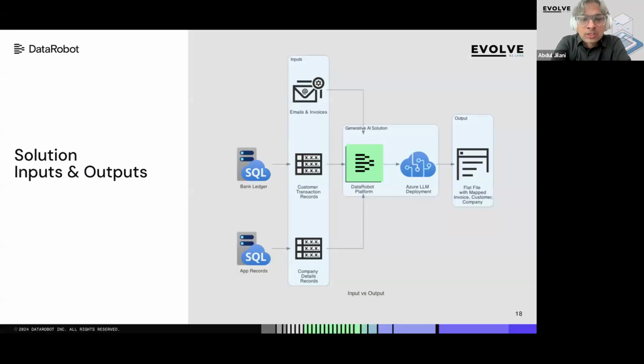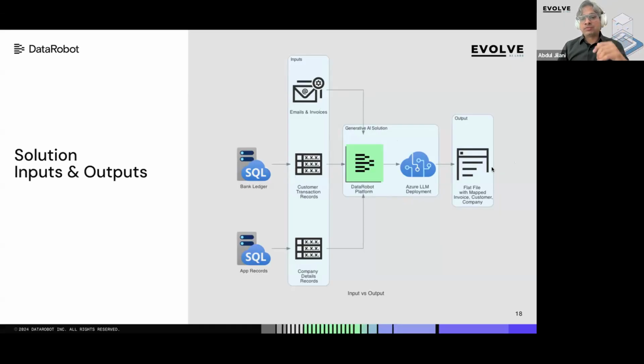So, solution inputs and outputs, just to understand what the solution would take in as inputs and what will be generated. It would take in emails and invoices from the customers, and then it would take bank ledger as transaction records or SQL table. And then it would take the back office application, which would have the company details, and the solution would then map all of these and create one or more flat files for the day.